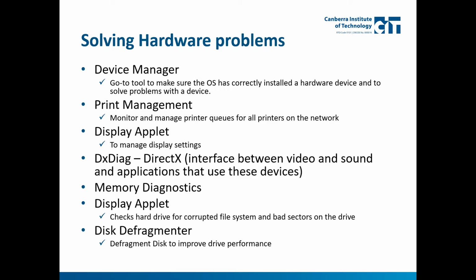We use device manager in order to see that the system itself has identified the hardware. However, it doesn't know how to communicate with the hardware. When that happens, you actually get a question mark on top of the icon of your hardware. And what we do is we download the drivers from the manufacturer, and then we make sure that hardware is going to be working.